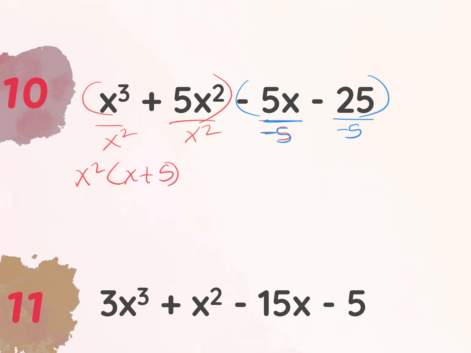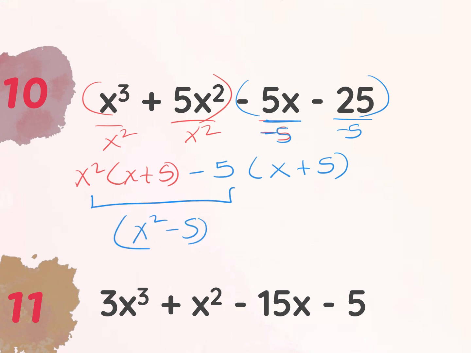Again, if you try the positive 5 and you see that you don't have a match, then go back and redo it. So this is a negative 5. Negative 5x divided by negative 5 is positive x. Negative 25 divided by negative 5, positive 5. Again, group the GCFs and write what's in the parentheses. Again, the order of the binomials doesn't matter.